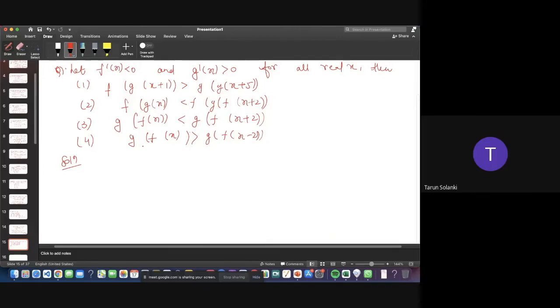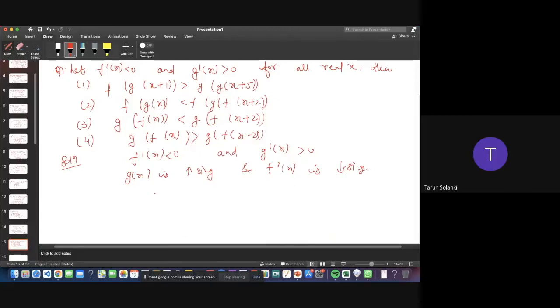So first we know f'(x) < 0 and g'(x) > 0. So we know g(x) is increasing and f(x) is decreasing, right?